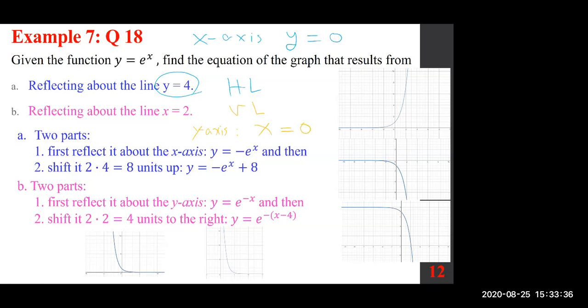Two times 2 equals 4. About the line x equals 2, you shift it by 2 times that because it's 2 units away. Remember, you are reflecting. Just think about the concept that happens as a result.